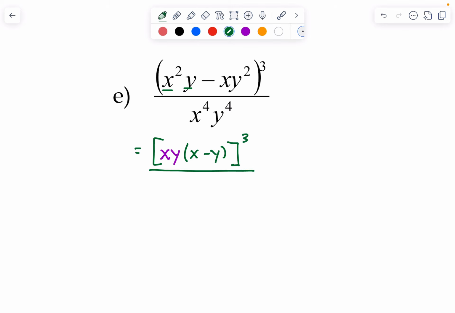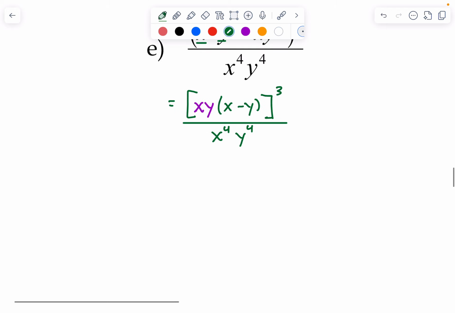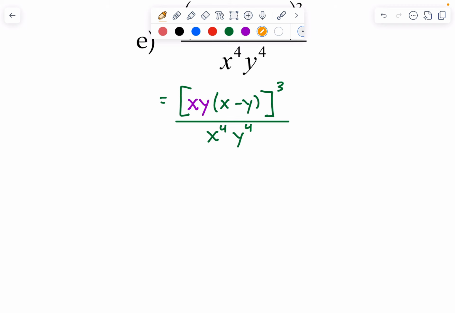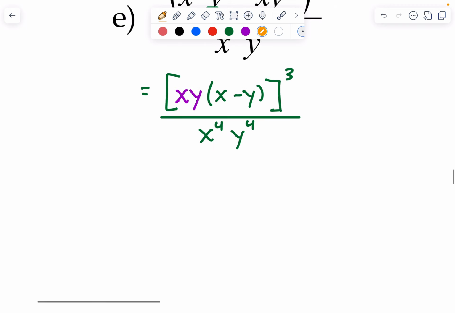And then on the bottom, I still have x to the 4 and y to the 4. Okay, so now we have everything being multiplied. This is x multiplying y, multiplying this bracket here. You can think of this bracket as like z, right? It's being like x multiplying y multiplying z. So now it's similar to the way you've learned the law.